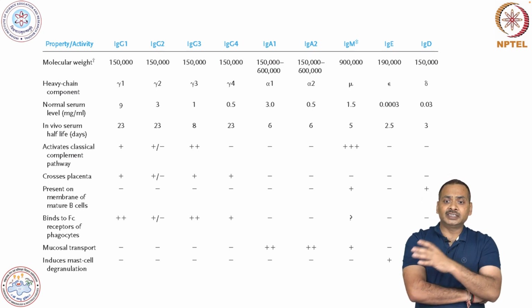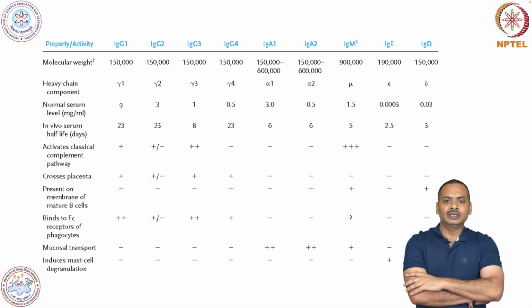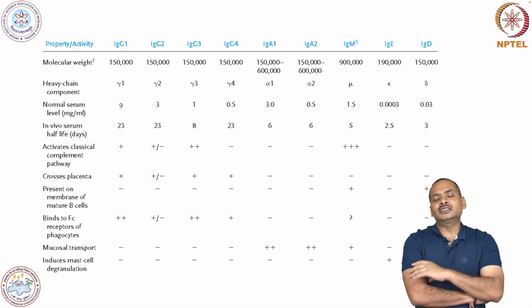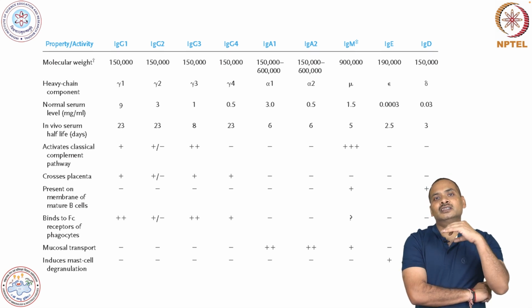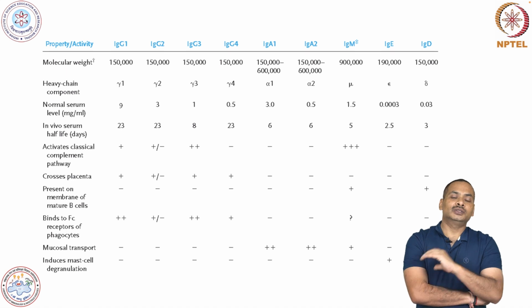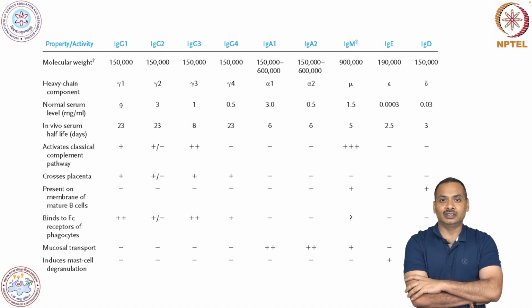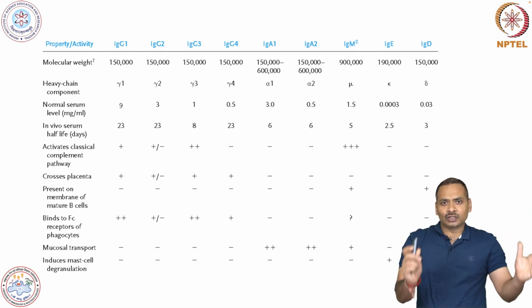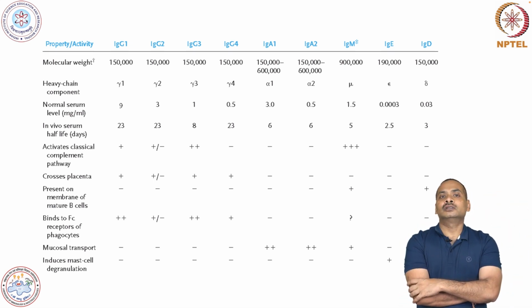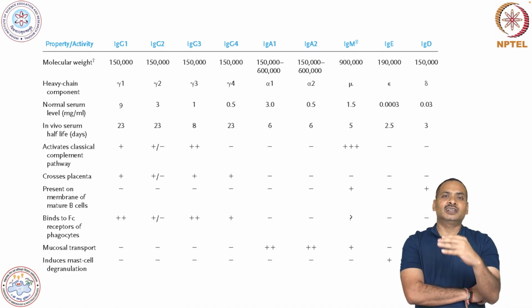In addition, IgM can also be transported to some extent, and IgE is the only one which can activate mast cell degranulation. You know that not only mast cells, eosinophils can also be degranulated. So, this is the overall summary of all different types of antibody, their structure as well as function.